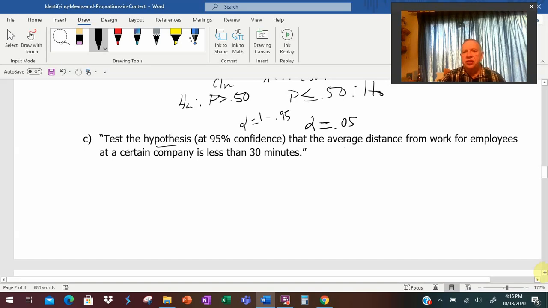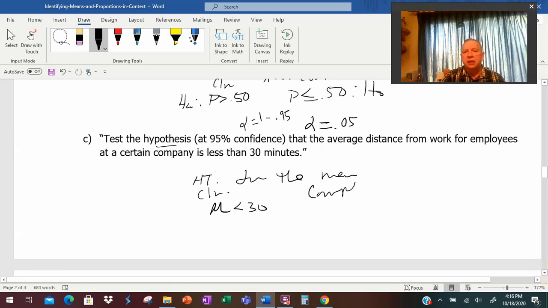Test the hypothesis at that confidence level that the average distance from work for employees at a certain company is less than 30 minutes. So that would be a time, for our mean. Okay, so we're going to do a hypothesis test about a mean. And I'm going to say that mu, this statement, this is the claim, is less than 30, strictly less.